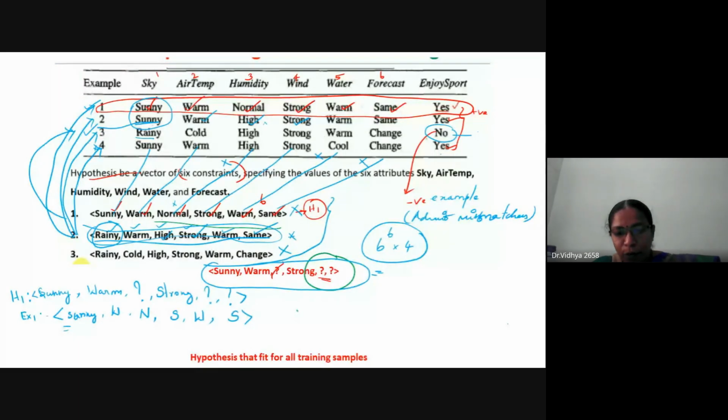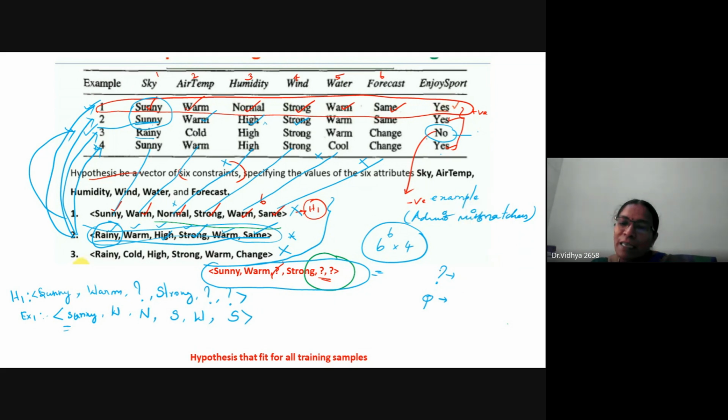So how are we able to compare? Then what is this question mark? We have 2 different specifications. One is question mark, another one is phi. Phi is the null set, which cannot be matched with any attribute.